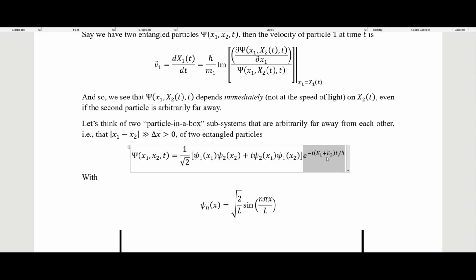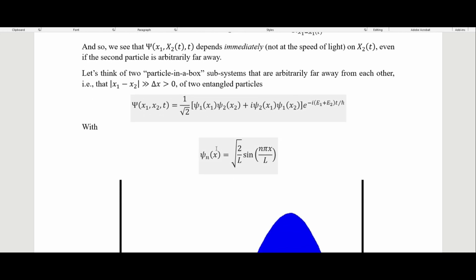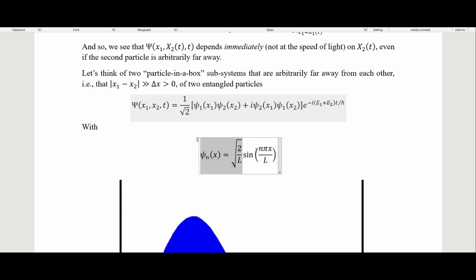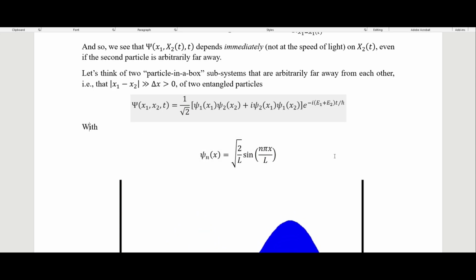This is our time evolution, but inside these square brackets we have this linear combination for these particles. So we can have particle 1 at position 1 and particle 2 at position 2, or we can have particle 2 at position 1 and particle 1 at position 2 right here. And so this is our wave function here when we're in one dimension.